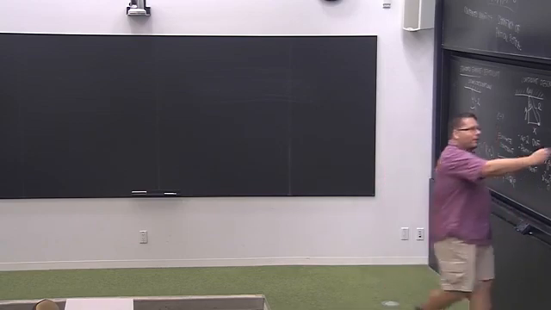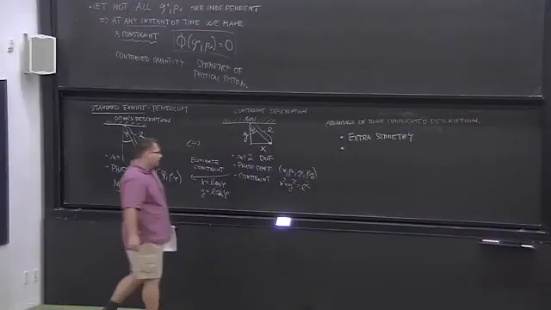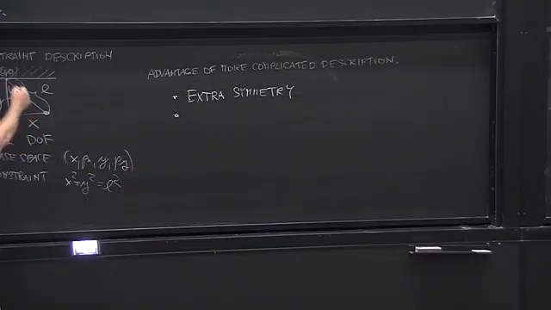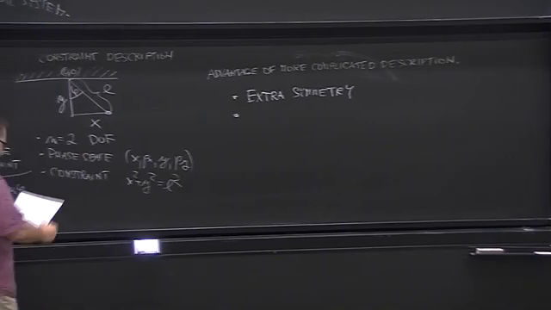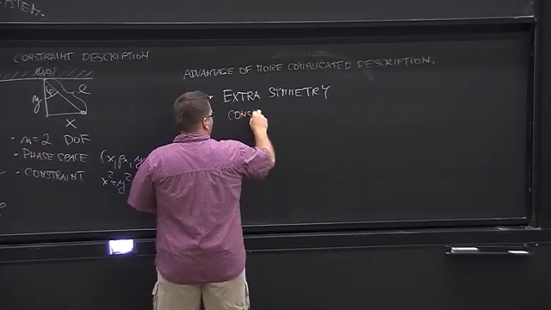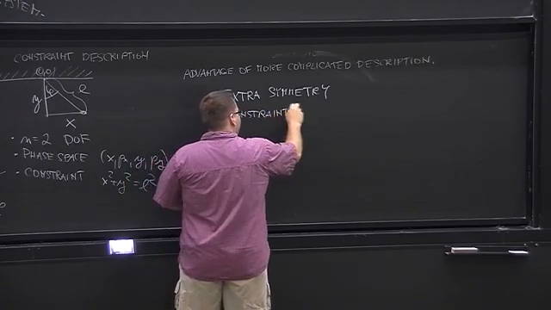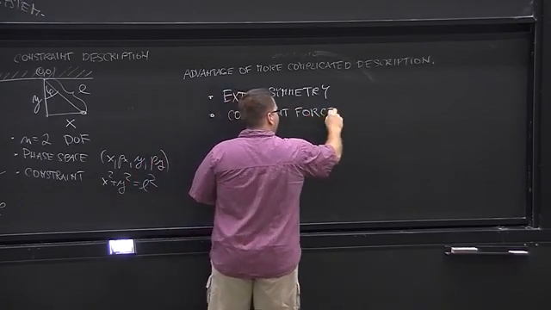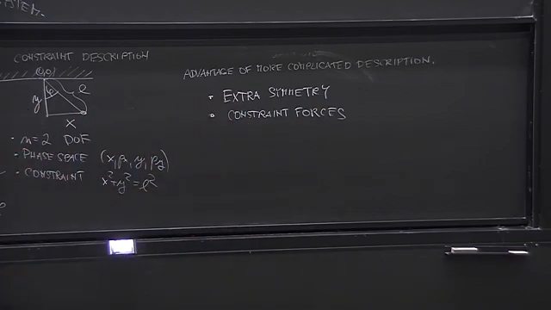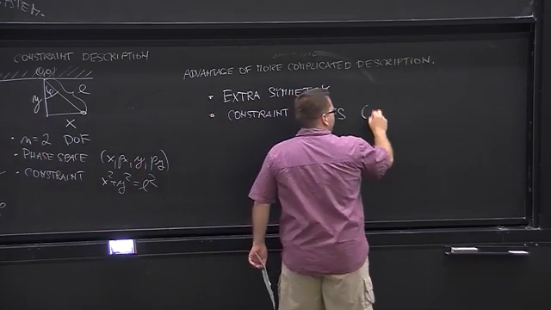The second thing which people typically use is that maybe you are interested in how much the string is pulling your mass here. So what is the tension of the string? You can typically calculate it, and that's called constraint forces. You can calculate them using this more complicated description, if you want to calculate, for example, the string tension.